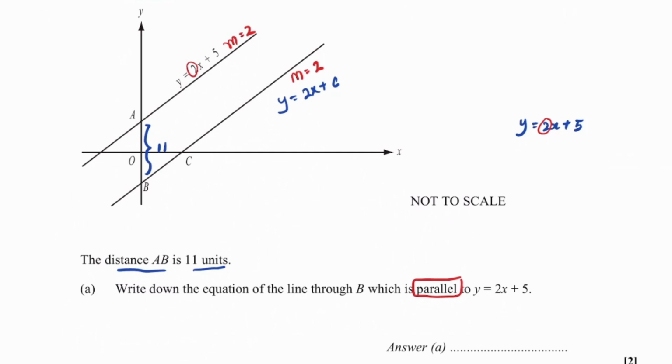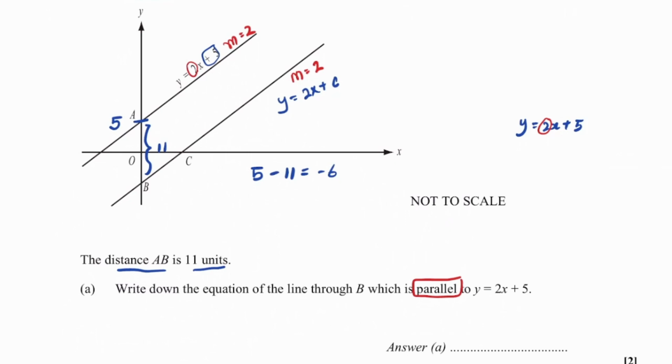You know that from this line the y-intercept is 5. The y-intercept is 5, and the distance between A and B is 11. So from 5, you go down by 11, meaning you minus 11. You go down by 11, so you will basically get minus 6.